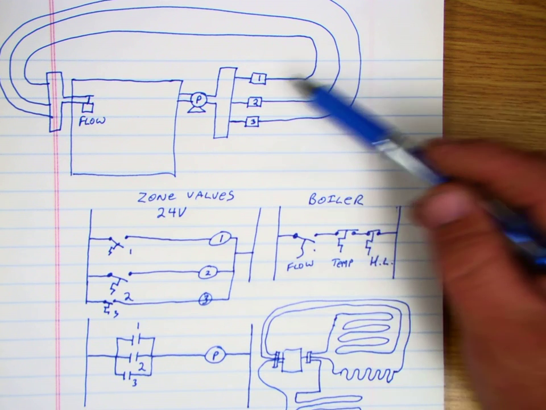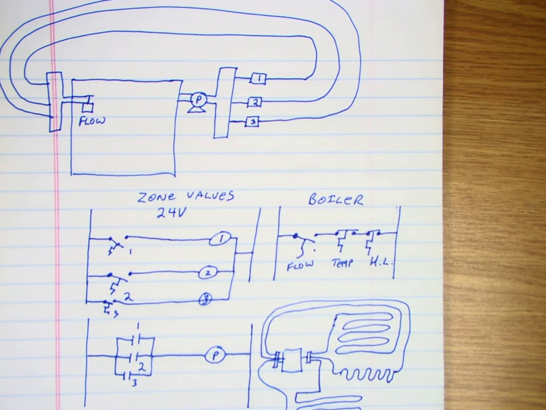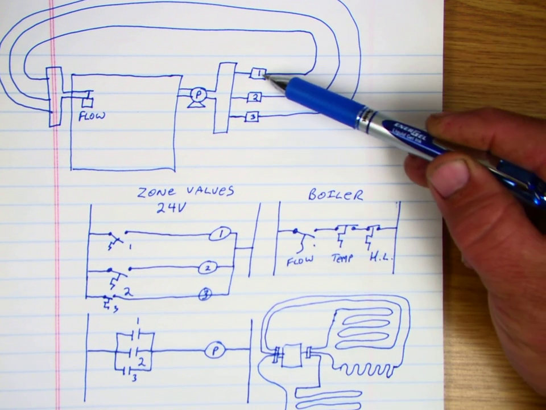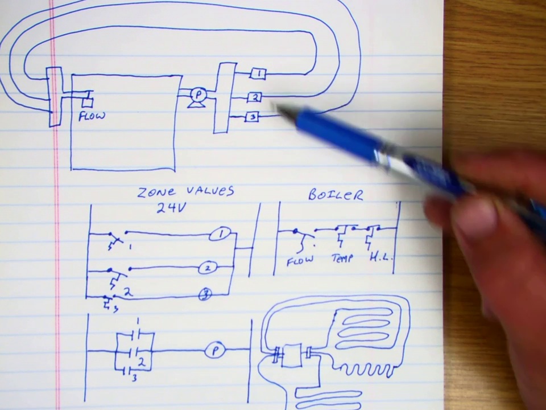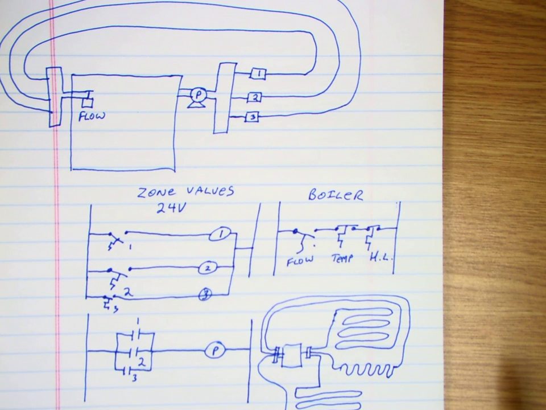So when the zone valve opens, it kicks on an individual pump. There's literally hundreds of ways to do them, but this is the basic concept of it: thermostats open and close the valves. The valves turn the pump off and on, and then the boiler reacts to that water flow.